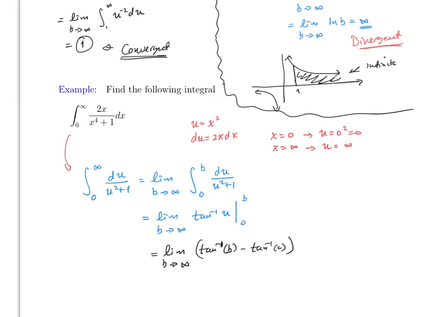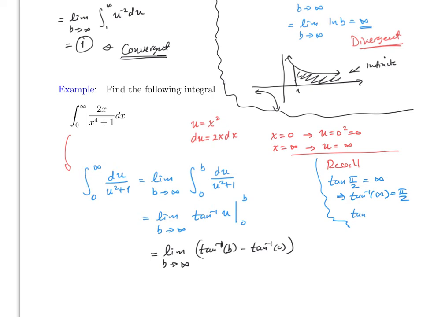Now if you forget this from trigonometry, just to refresh your memory, recall that tangent of pi over 2 is equal to infinity in terms of limits. So that means that tangent inverse of infinity has to be pi over 2. Okay, so this is also a pretty useful result to remember for the rest of the class.